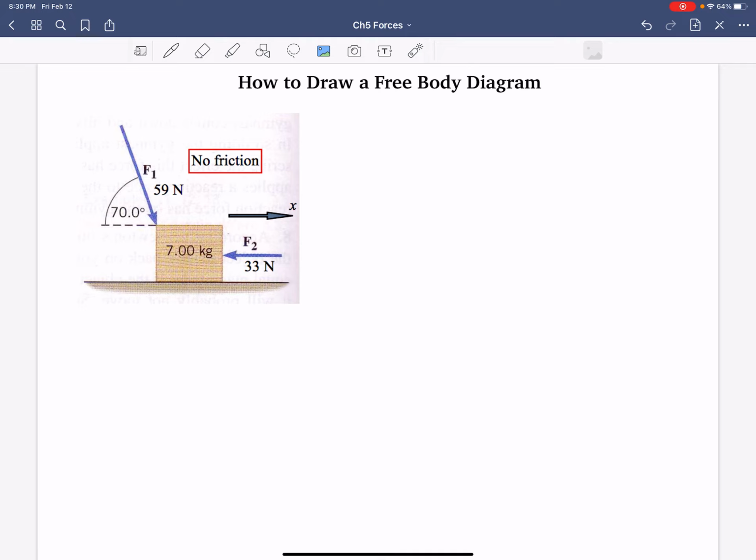Well, in essence, it's called a free body because we don't necessarily draw the object itself. What we want to do is come up with a simpler way to visualize the problem. And by a simpler way, the first step in this process is to draw the object as a dot.